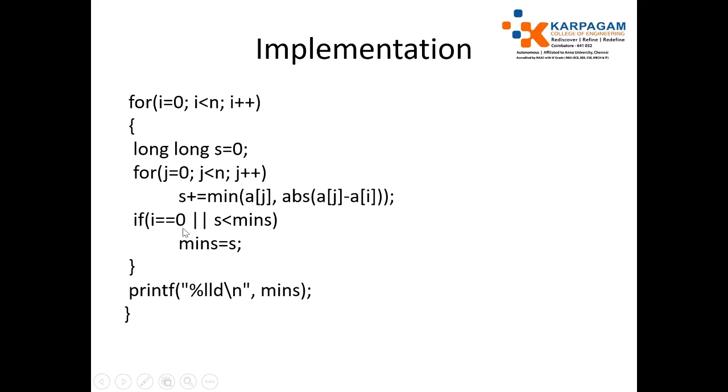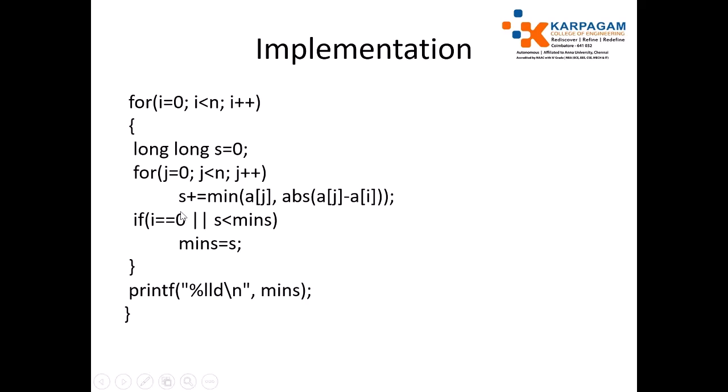Whenever i equals 0, the first element, you can just set minimum equal to s. If i is not equal to 0, that is i greater than or equal to 1, this condition will work. This aims to identify the minimum number of operations required to convert or make all the elements equal.